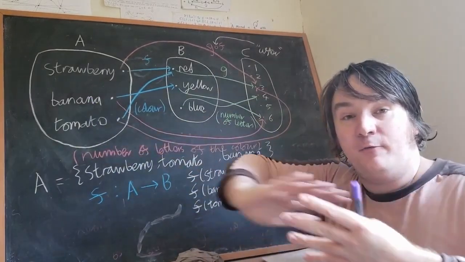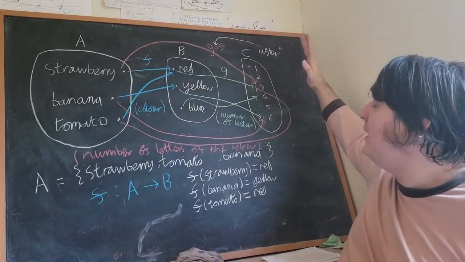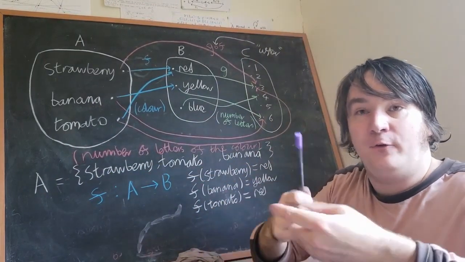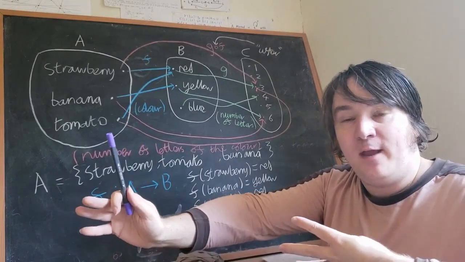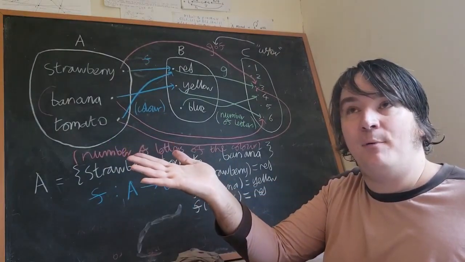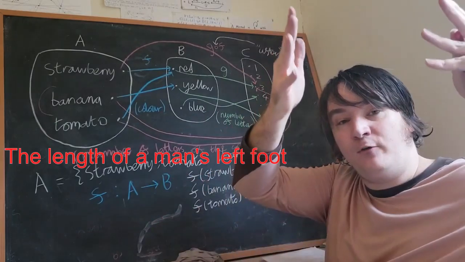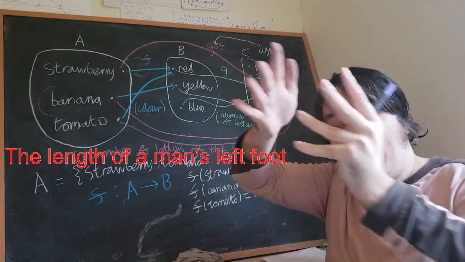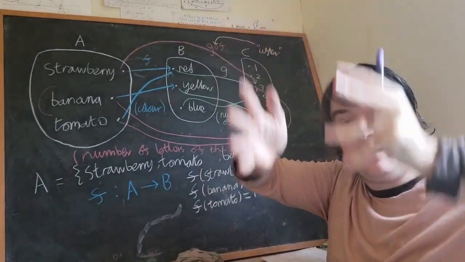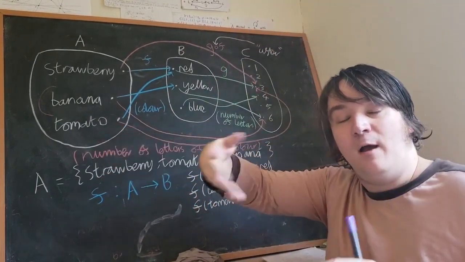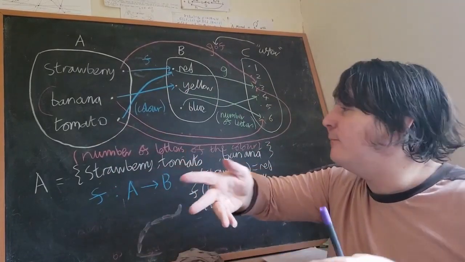So this idea of function composition is really, really important, because functions, in a sense, can represent aspects of things. So think about, for example, the length of a man's foot. There's a function sending every man to their foot, and there's a function sending every foot to its length, and composing those would give you the length of a man's foot.